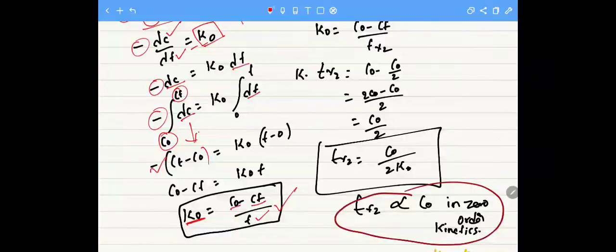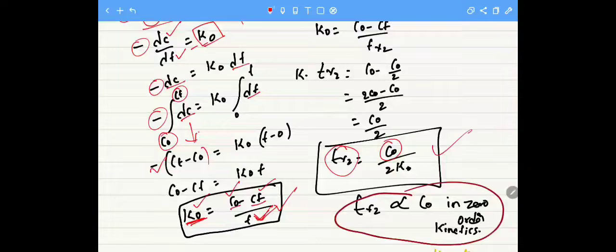By using this equation you will get questions in GPAT. They will give you the initial concentration, the time, and the value of the rate constant, and ask you to find out how much concentration is remaining at time T. Or they won't give the rate constant; they will give the initial concentration, the time, and the half-life.